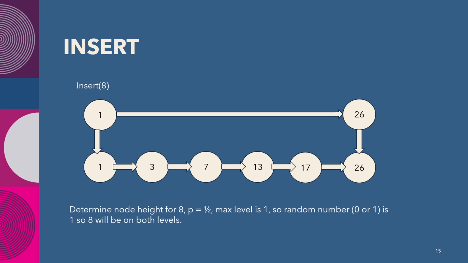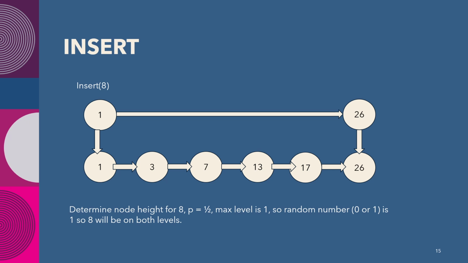So now that we've found all the predecessors on each of the levels, we are going to determine how many levels we want to insert 8 on. So in this example, we're going to be using a p-value of half. If you recall, that's the same as flipping a coin to decide if it's going to move up a level or not.